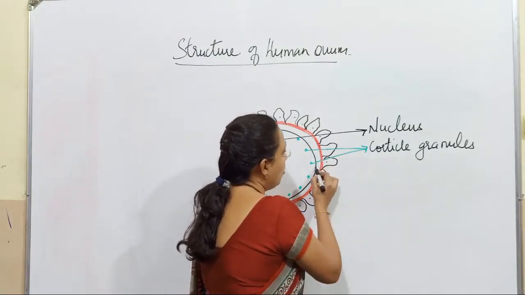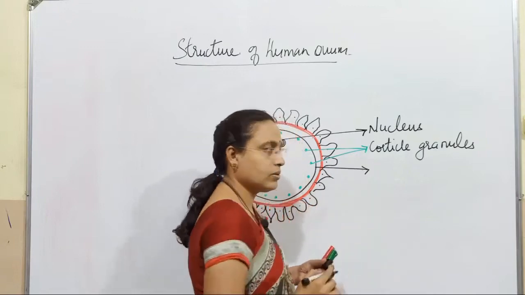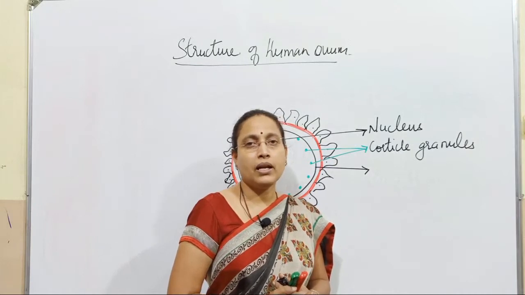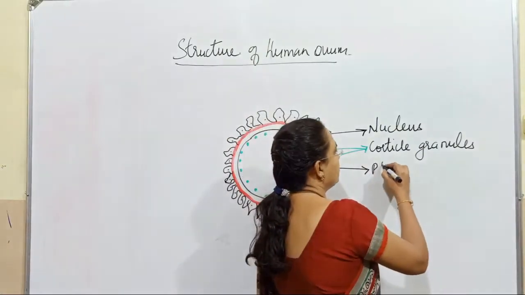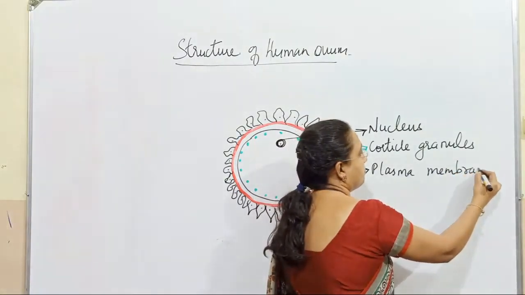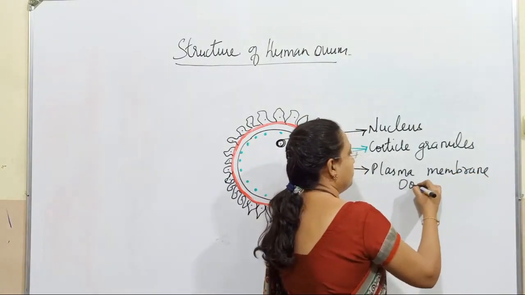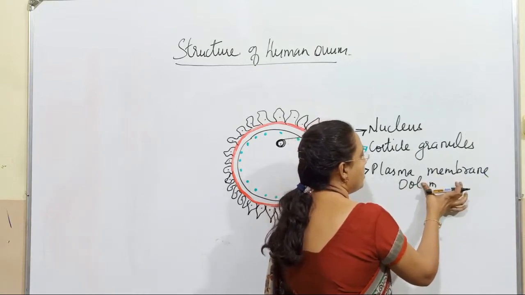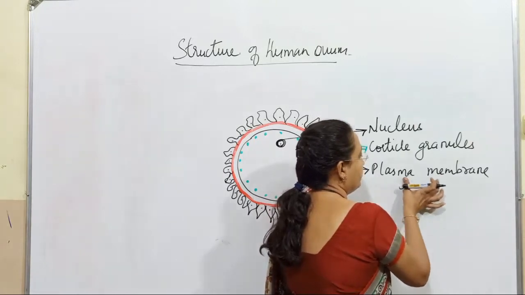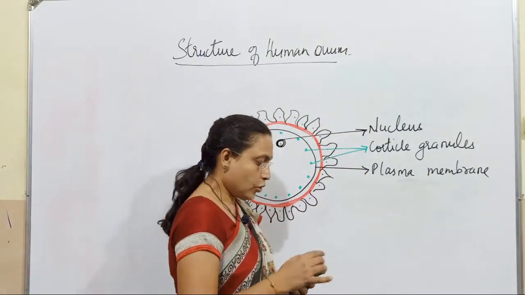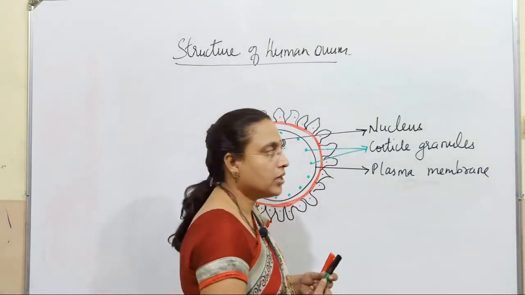Now, just outer to these cortical granules is the plasma membrane, and the plasma membrane of the ovum is called oolemma. So you came to know the main points that you should know here.